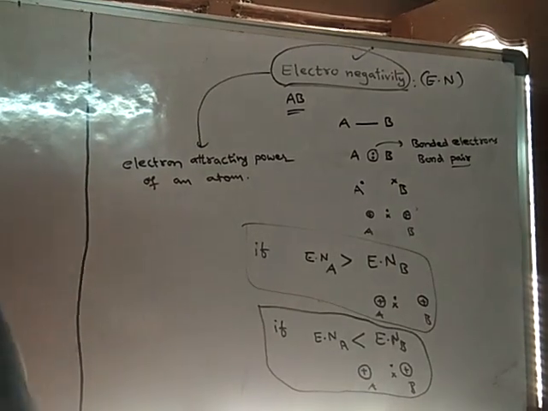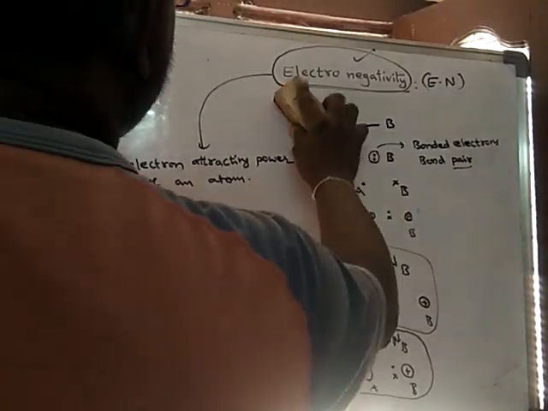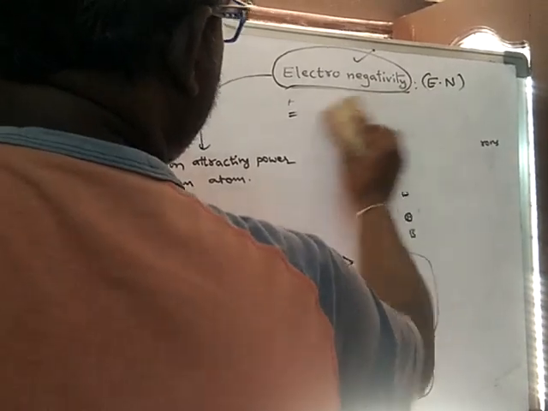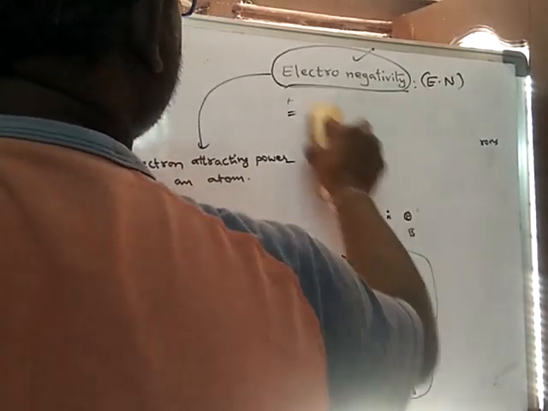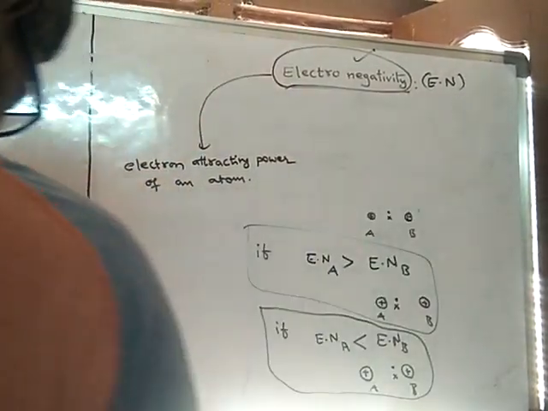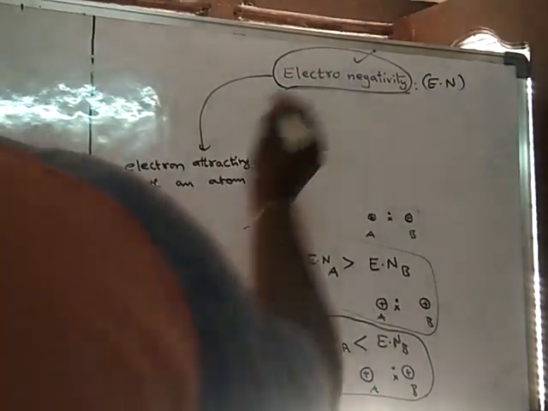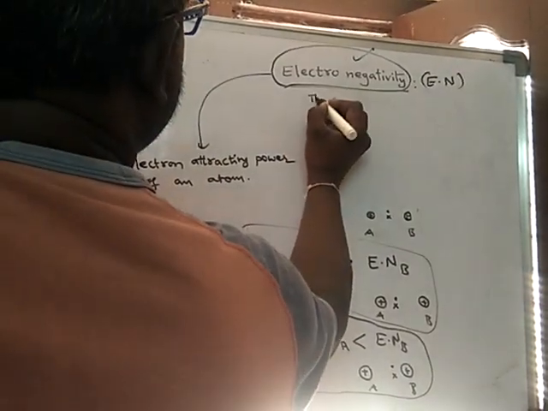Definition I am writing. Definition of electronegativity: it is a property.